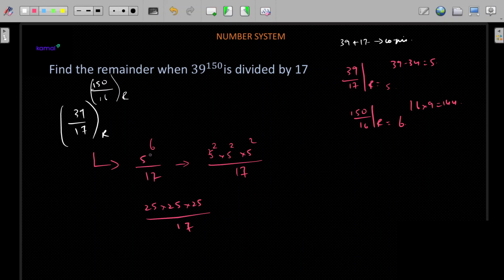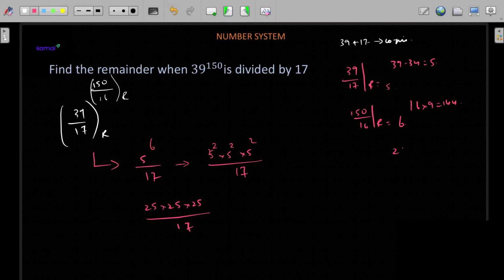Because I don't know the value of 5 power 6. Second, finding the remainder by dividing 5 power 6 by 17 is difficult, and it is easy if I convert this into 5 square into 5 square into 5 square, or 5 cube into 5 cube, because I know the values for these. And then if it is in multiplication, instead of the bigger number, I can replace by their remainders. Those are the two important things.